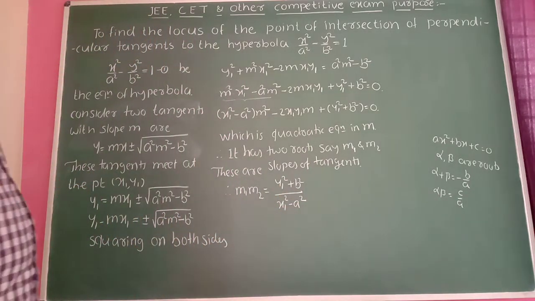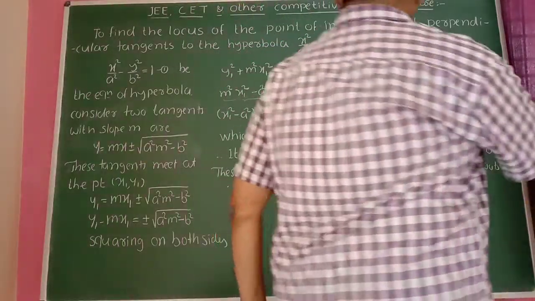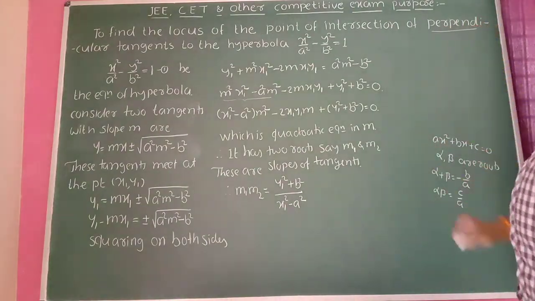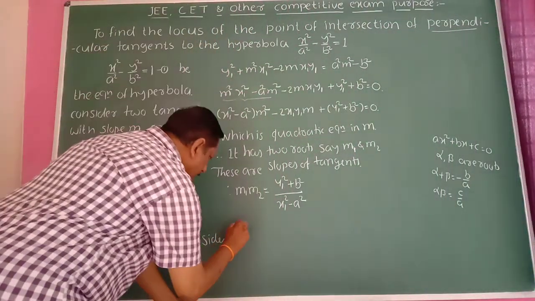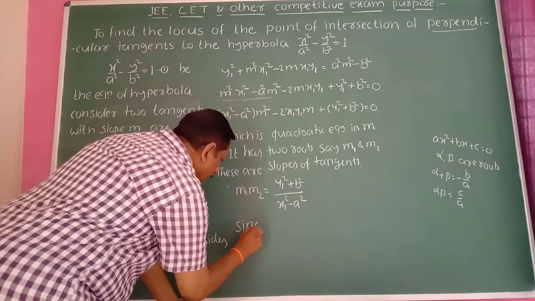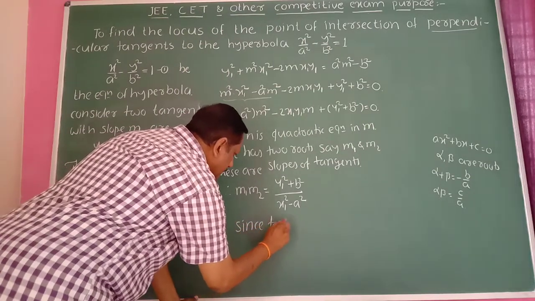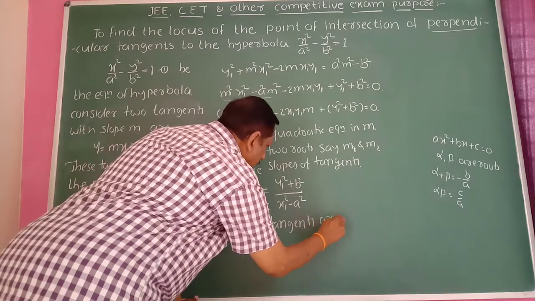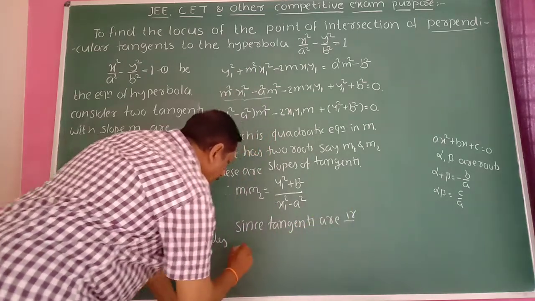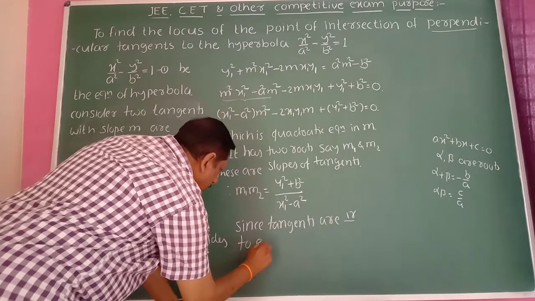But these tangents are perpendicular to each other. Therefore the product of the slopes is minus 1, since tangents are perpendicular to each other.